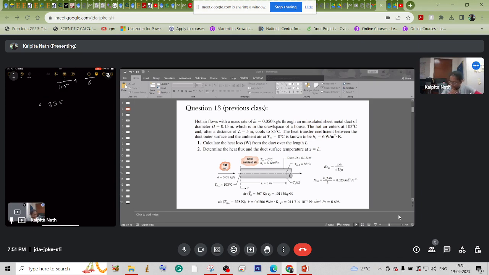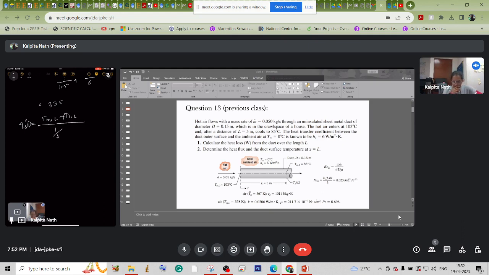Okay, just 1 second. If we do it for only the inner area, we won't consider the outer convection, only the inner convection, then we can get the surface temperature. So this can be written as T_ML minus T_SL. This is the temperature of the fluid media, and this is the surface temperature of the pipe.